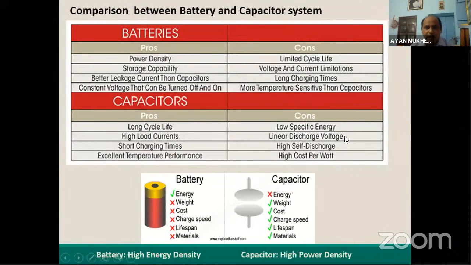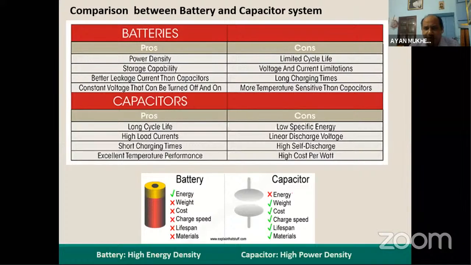Now, here is some comparison between battery and capacitor. We know there are two systems which can store energy, one is battery and one is capacitor. Now we have discussed battery, we will discuss capacitor. So we all know a capacitor means there are two parallel plates of conductor connected with some separation, and we call it a capacitor.